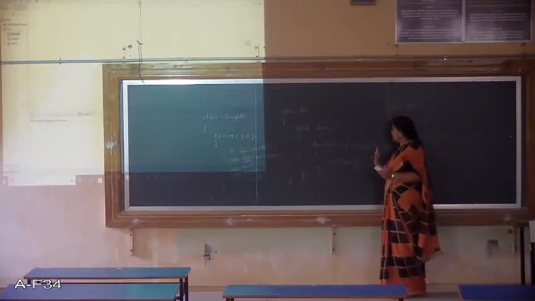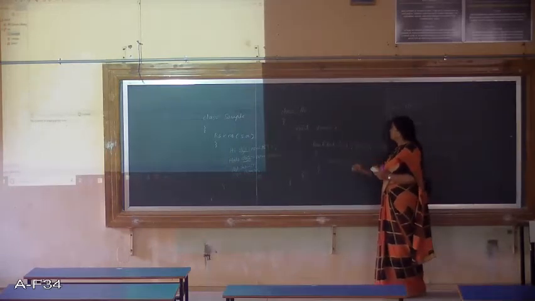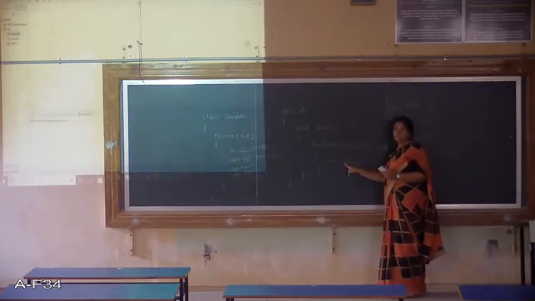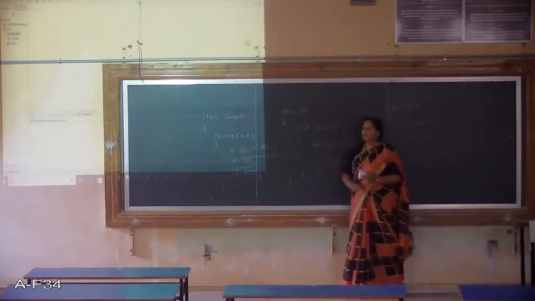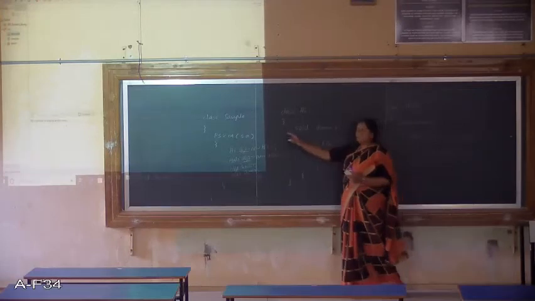So once i becomes 6, the condition will be false and it cannot go inside this loop, right? So the control goes back to the calling method. Which is the calling method here? Main method.